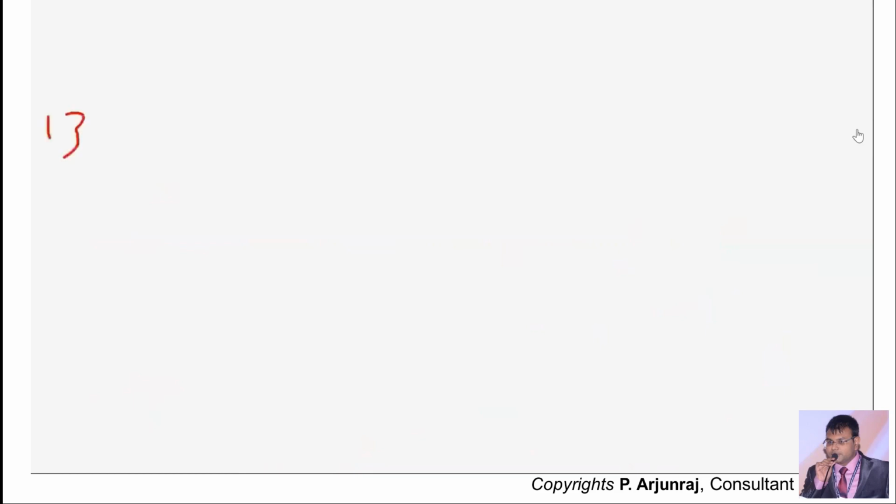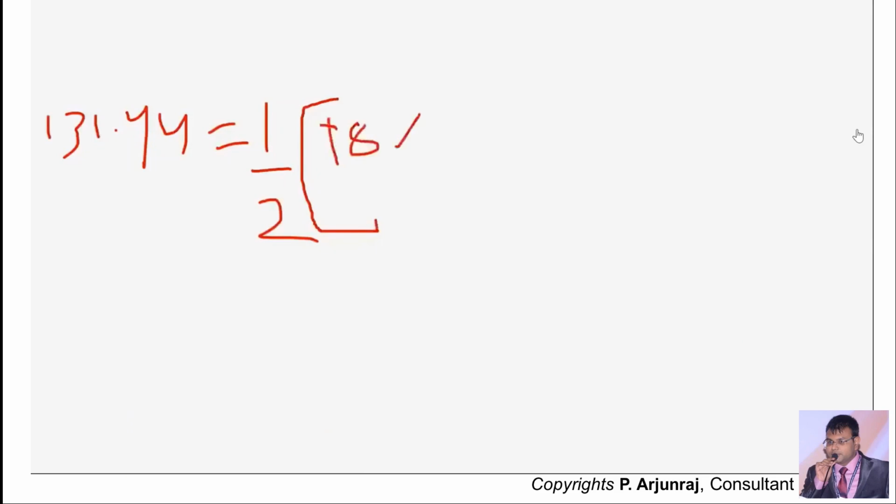We know that 131.44 is going to be the equivalent stress, which is equal to 1 by 2 into sigma x, which is nothing but the tensile load acting, which is 18 into 10 power 3 by area. Let us write the diameter later on.